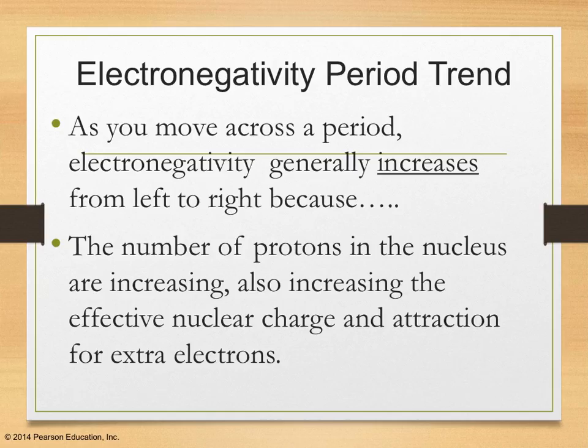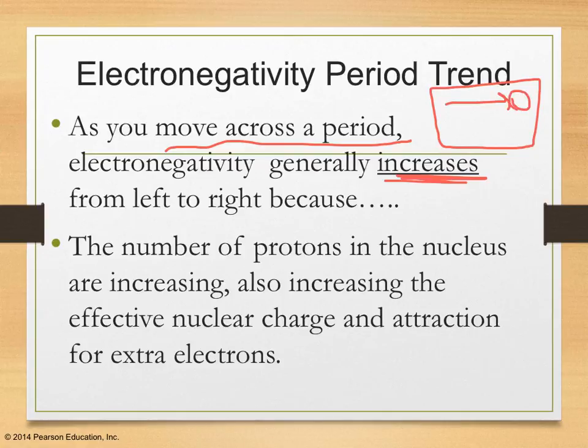Okay, so again, just to reiterate, as you move across a period from left to right, electronegativity increases. That means that elements towards the right-hand side of the periodic table have a very high electronegativity. That means they strongly attract electrons from another atom.